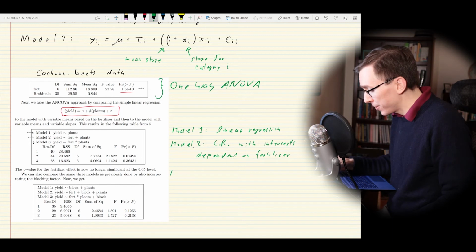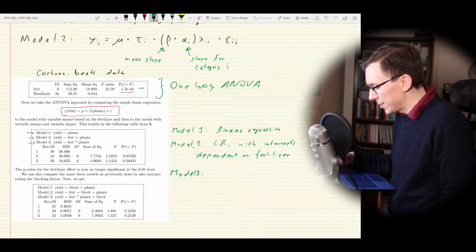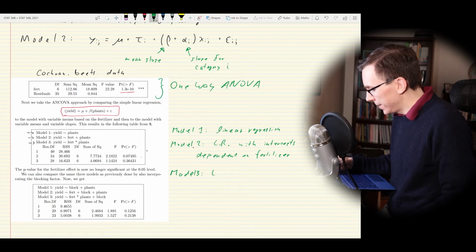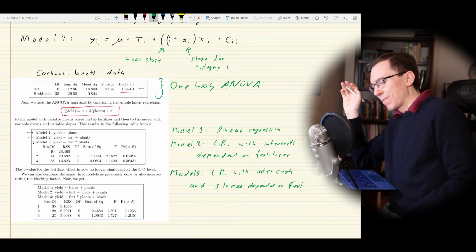And then model 3 in this table is going to be linear regression with intercepts and slopes dependent on the fertilizer.